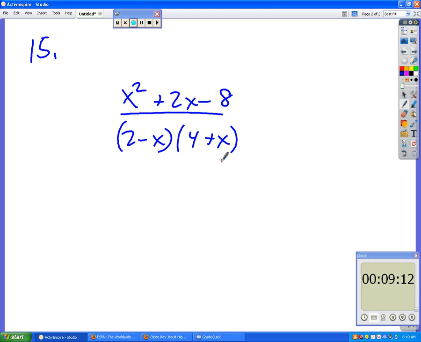Can you factor the bottom? All right, now, these have binomials and trinomials, right? So you factor the top, you factor the bottom. Can you factor the bottom? No, it's already factored. There's no common factors. It's already in parentheses. There's no x squares. You're done factoring. But on the top, you can factor.